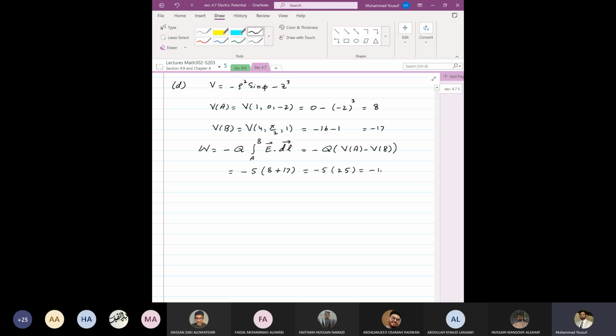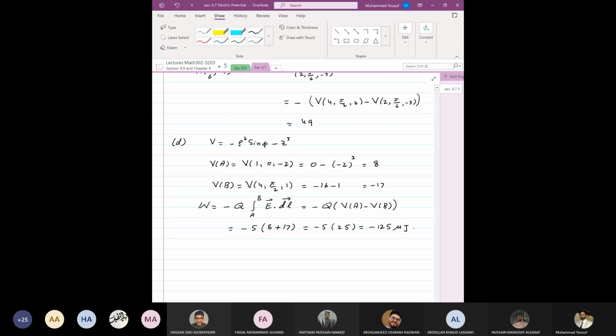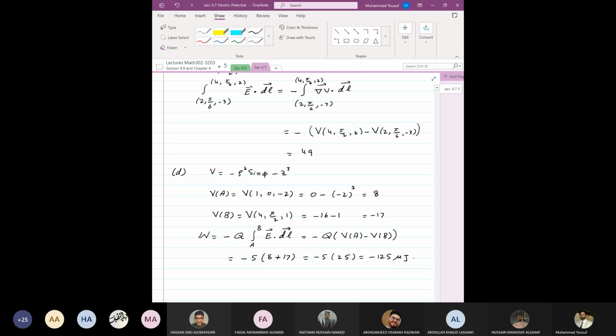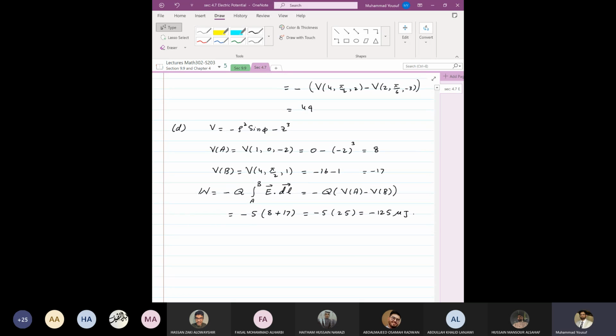So this is equal to negative 125 microjoules. So this is the work done.